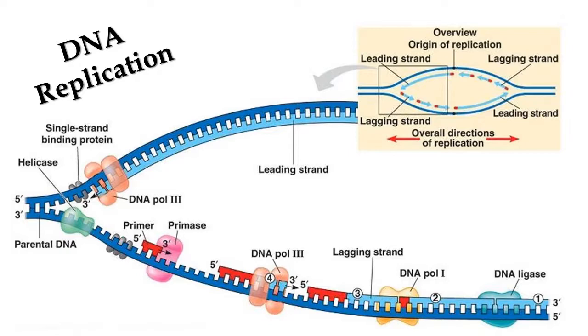Now, on the lagging strand, what happens is that the replication fork is in the opposite direction to the parental strand. So in this case, small segments are created for the replication to take place.